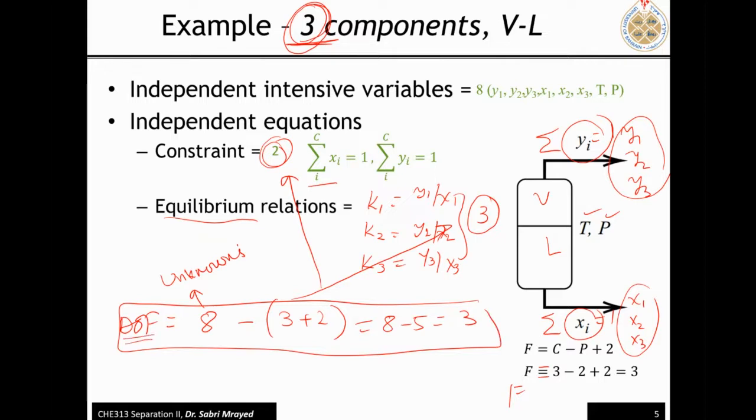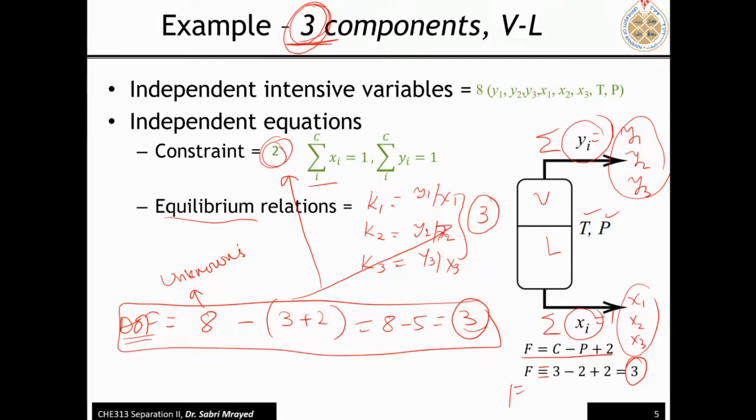If you use the degrees of freedom, defined as the number of unknowns minus the number of independent equations, you get 3 parameters that you have to specify. And if you use the phase rule straight away, you end up with the same answer. Is this clear? Good. So this is how we use it when we have a system at equilibrium.